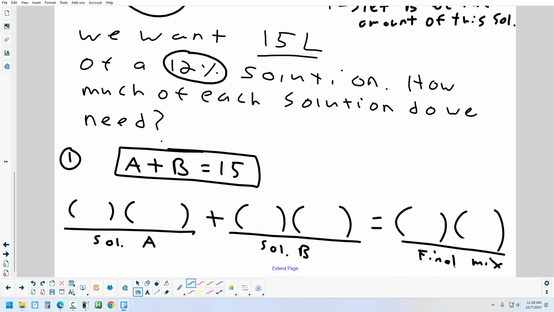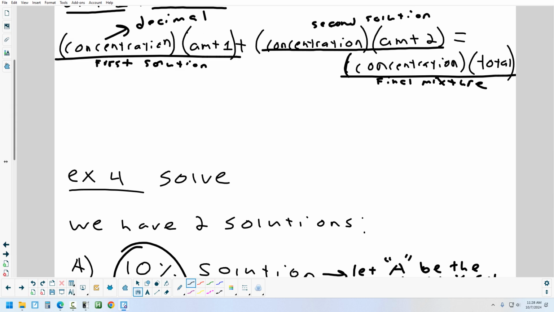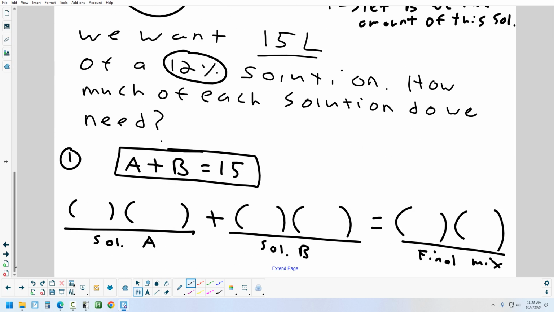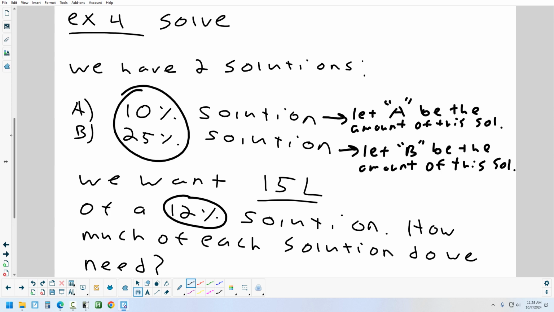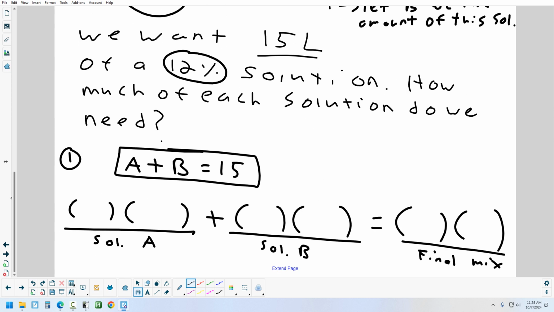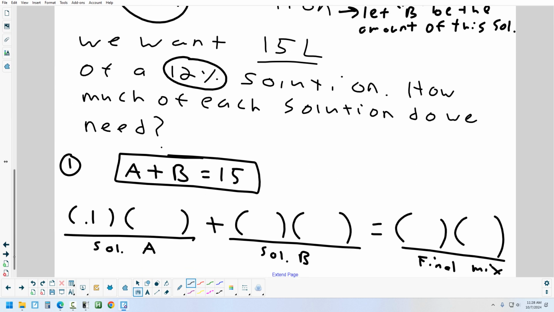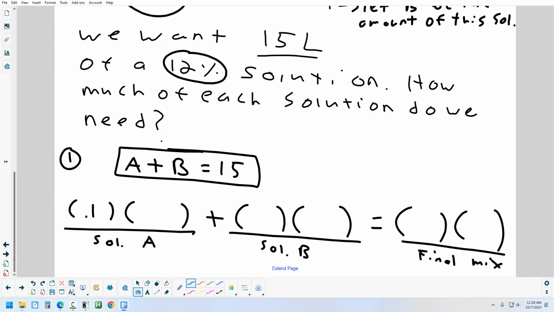Okay, so we need concentration times amount for each one. What's the concentration as a decimal for solution A? Yeah, 0.1. And what's the amount of the first solution that we need to use? We don't have a number for it, no. Yeah?